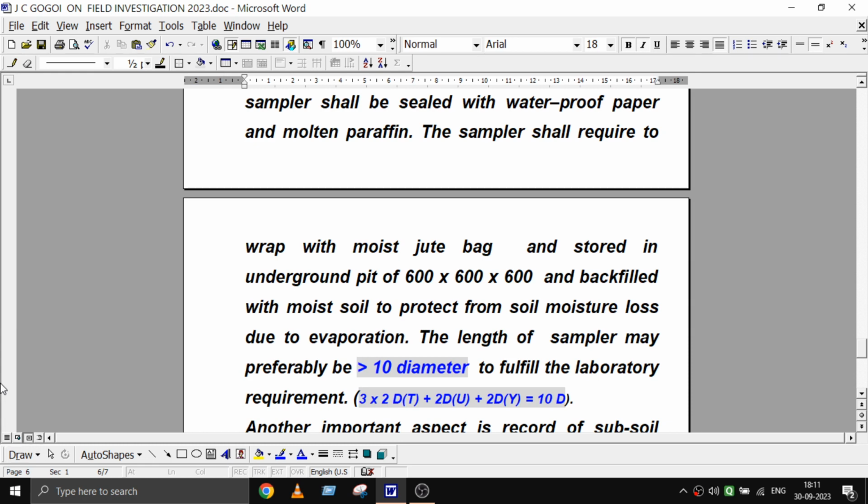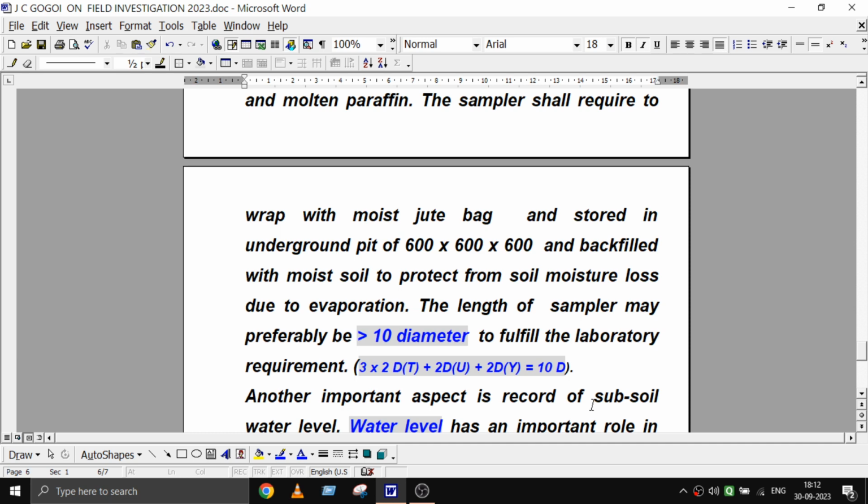Here I am showing it. 2D for triaxial shear test, 2D for UCS, unconfined compressive strength, 2D for density, moisture, all this related, and for consolidation we shall be going for remolded samples, using this density.